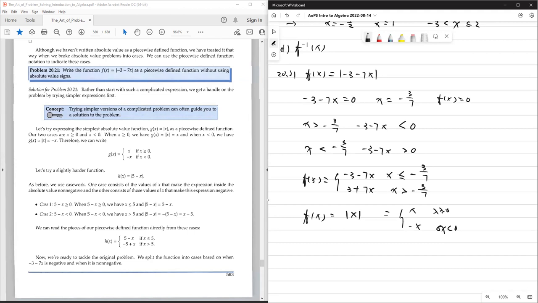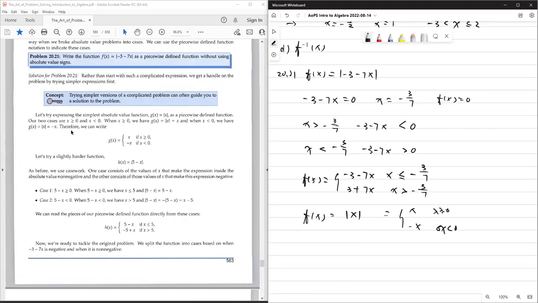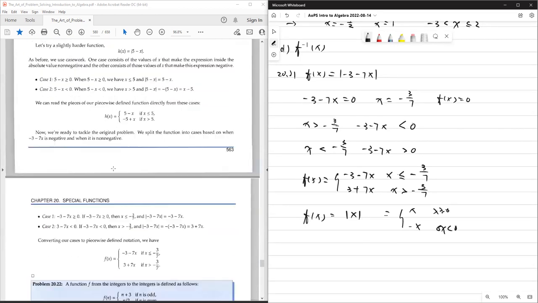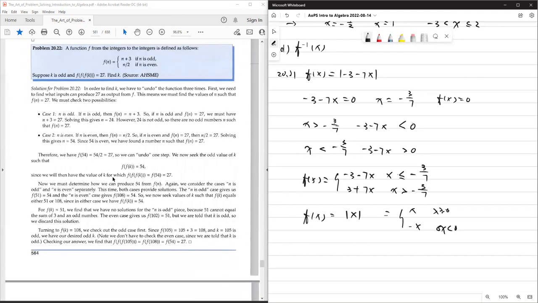You get a different breakpoint, but either way, when you graph it, it becomes something like this. I guess we'll say try simpler versions first. This is a way of figuring out a complex problem. Over here you can see the solution, and they're trying out different versions of it by moving and shifting it.